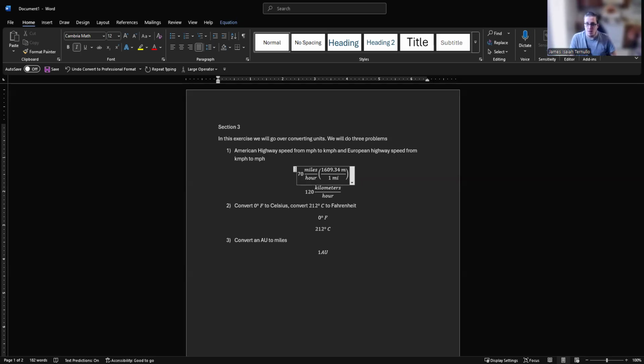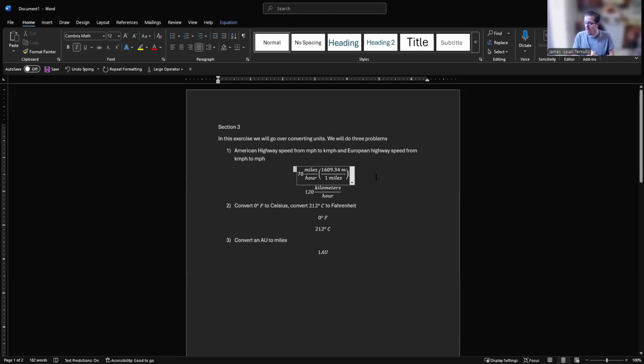Okay, if I did this a little more formally, you can see that the miles here in the numerator and the miles here in the denominator cancel out, and that will leave us with meters. And so currently, if we did the computation, we'd have some number and its units would be meters per hour.